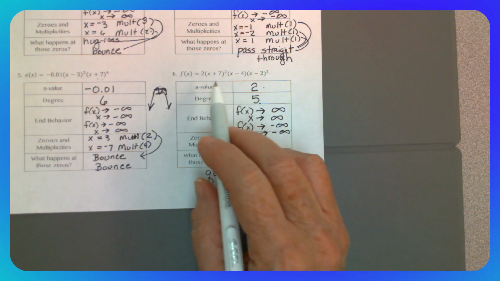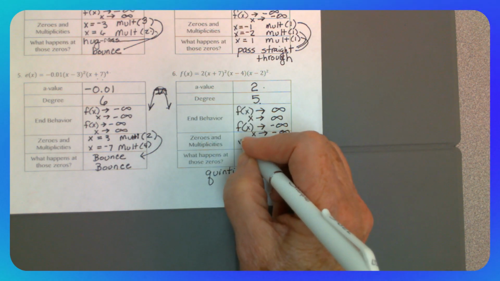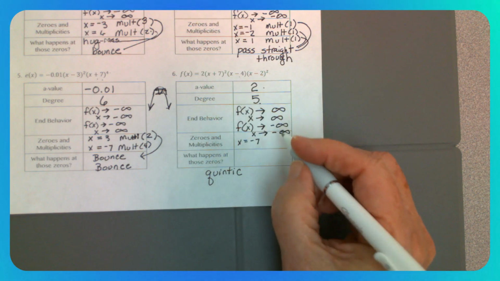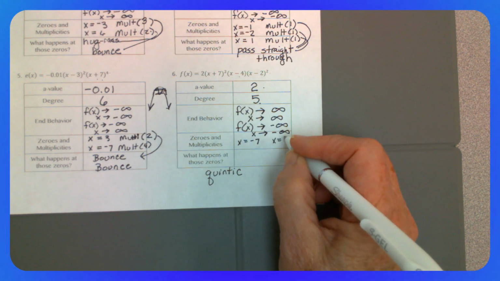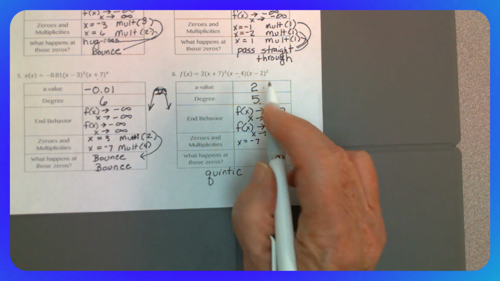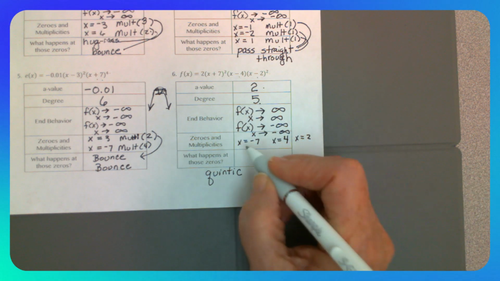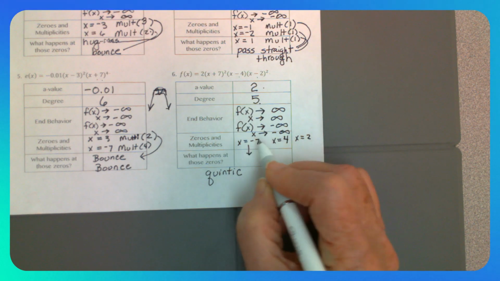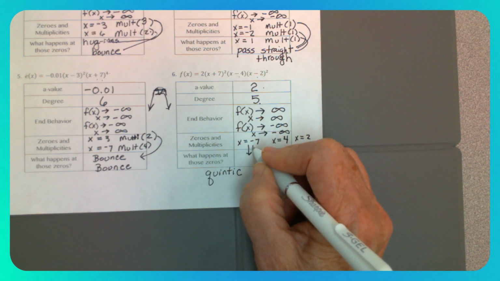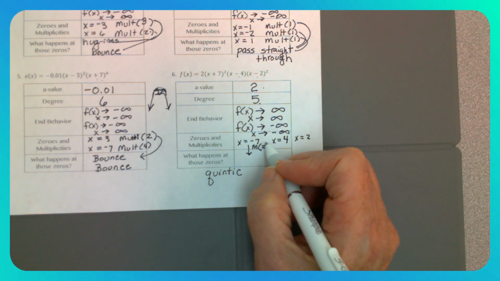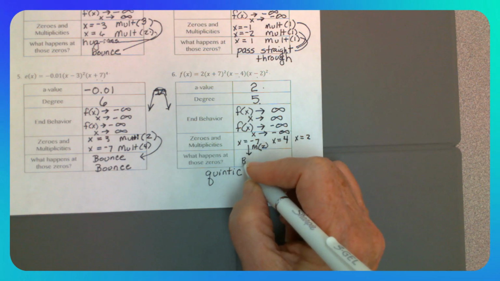Okay, the zeros are at negative 7, at positive 4, and at positive 2. So what is happening at x equals negative 7? We have to find the multiplicity. Multiplicity here is 2. It's even, so it's a bounce.